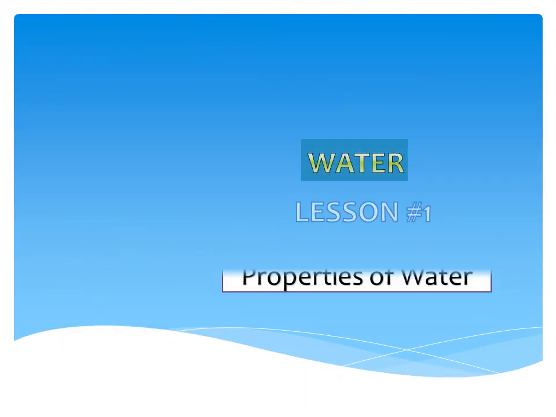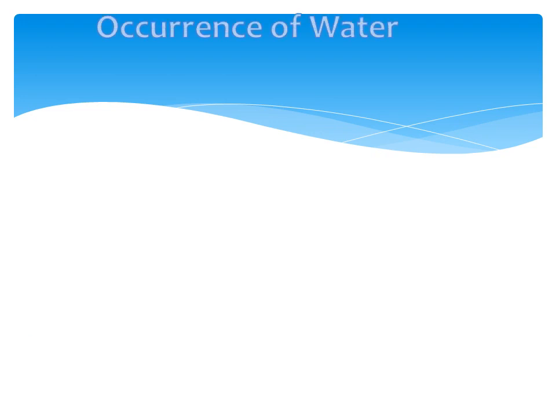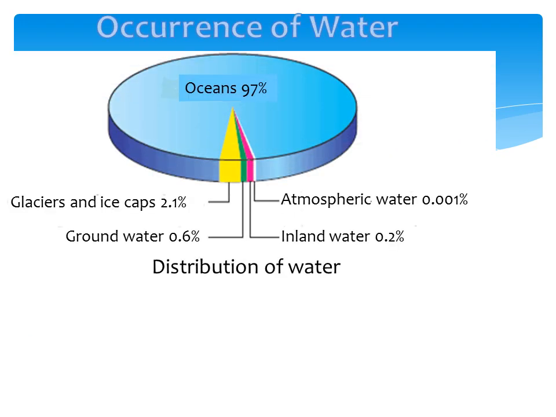Today we move towards our topic, that is water, and we are going towards the study of properties of water. Now, what is the occurrence of water and how much water is present in the environment? The oceans contribute about 97% of Earth's water.